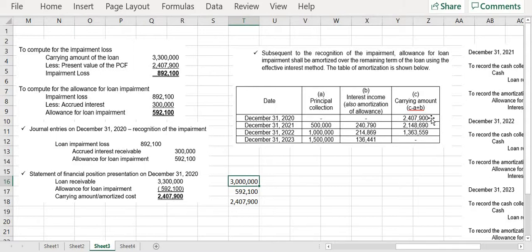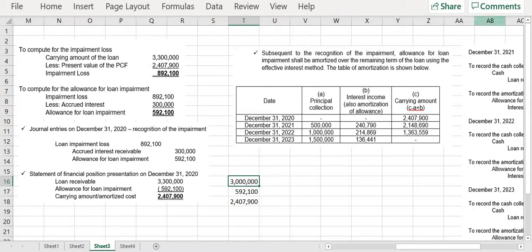So, diba 10% is the original rate, interest rate, okay, or the nominal rate. Multiply mo siya by 10%, then you get the interest income or the amortization of the allowance. Okay? That's 240,790. Ayan.